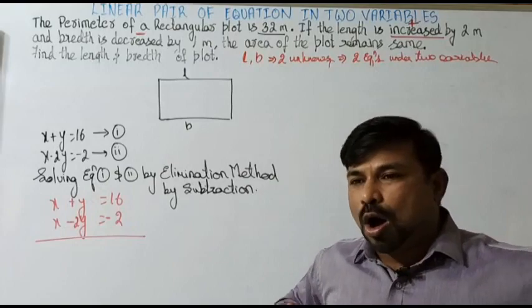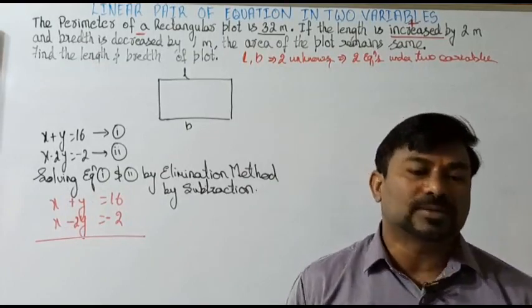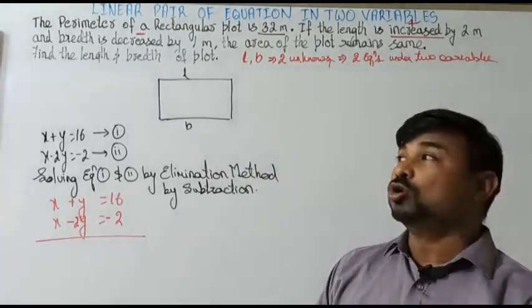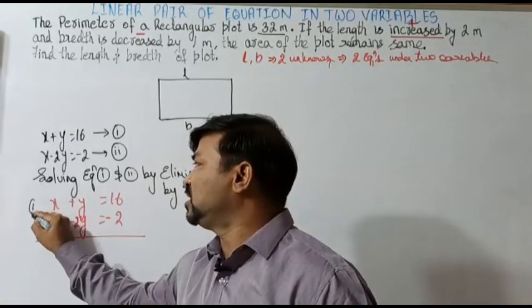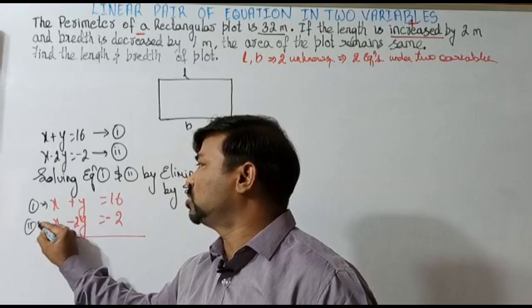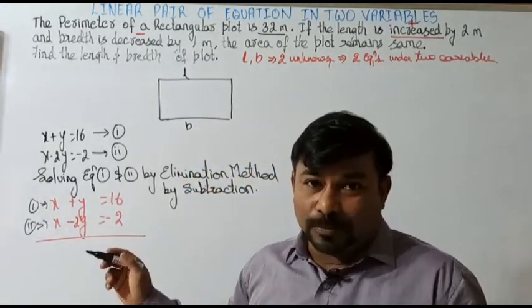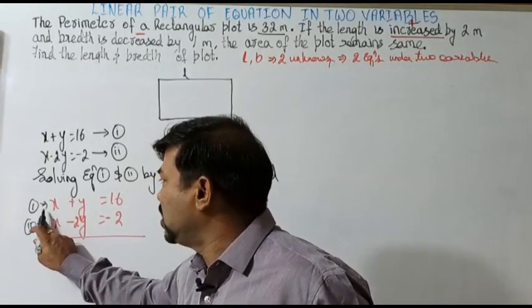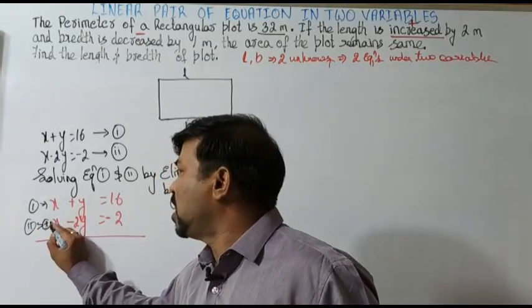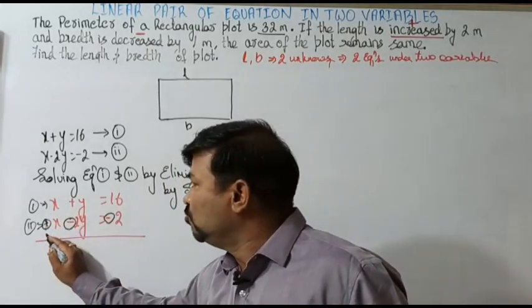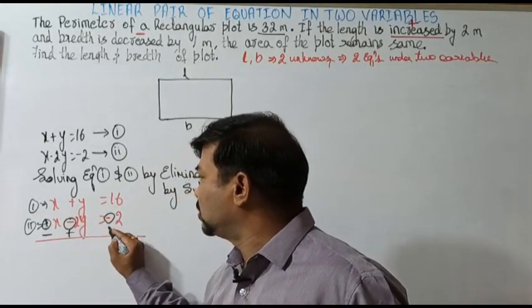So what is the operation? What we are going to do is nothing but subtraction. So I have taken equation 1 and I have taken equation 2. This is equation 1 and this is equation 2. As we said, we are doing it with subtraction. What is the procedure? Whatever signs we have, we change them, right?